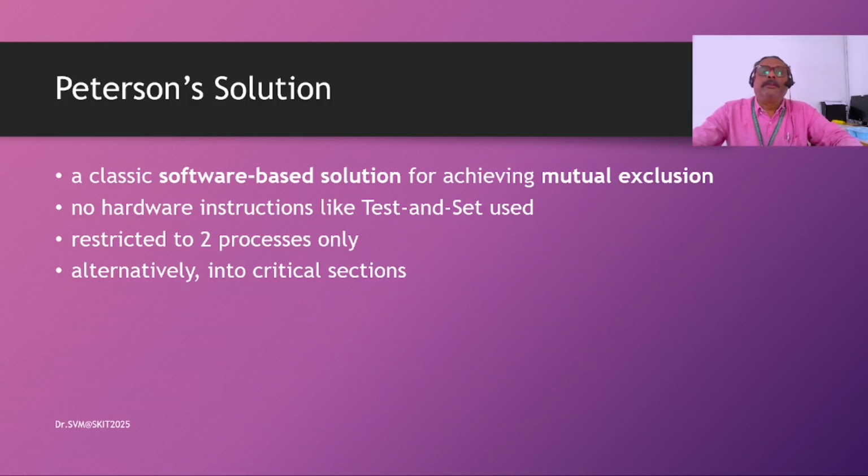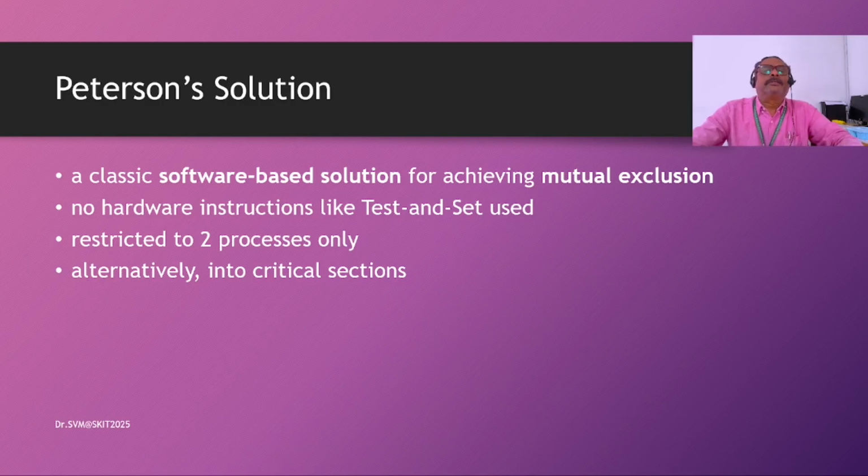But if only one of them wants to enter the critical section, we don't have any issue of synchronization. The issue only comes when both of them want to enter the critical section, then we make sure that they enter on an alternate basis.